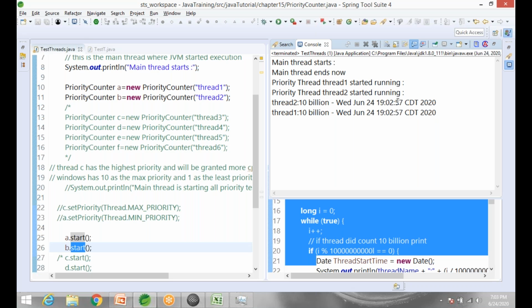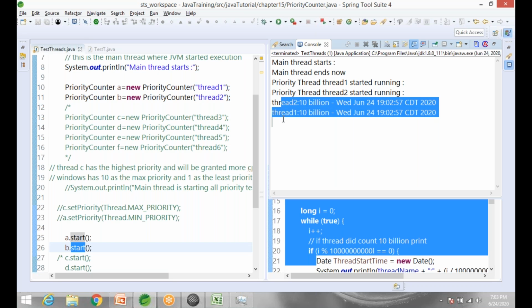And at the same time, was there any competition for the CPU? How many CPUs do I have? I have 4 CPUs, and there are 2 threads counting to 10 billion. So is there any competition for CPU time really?